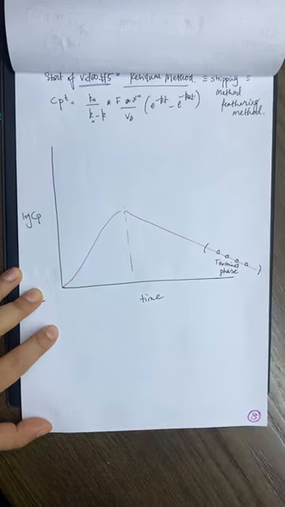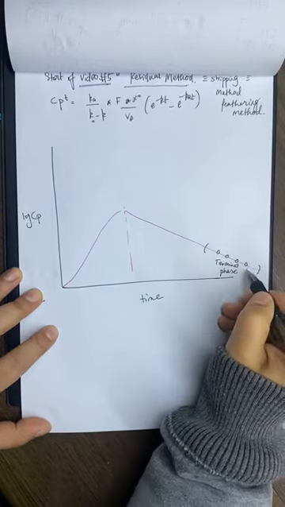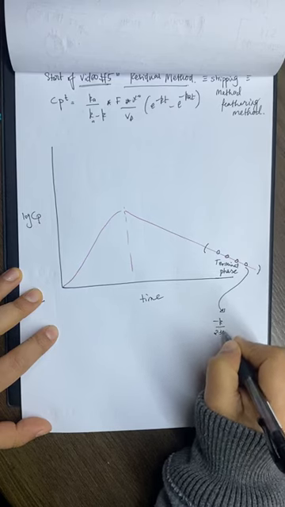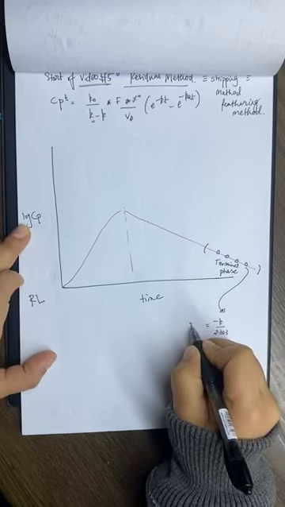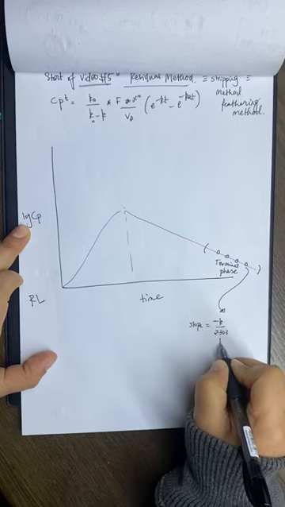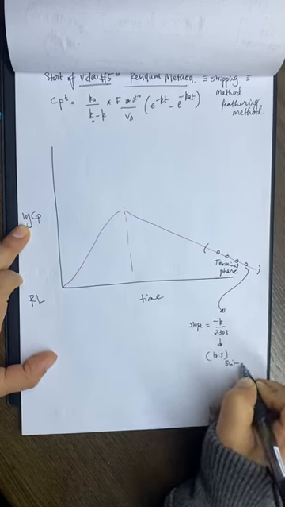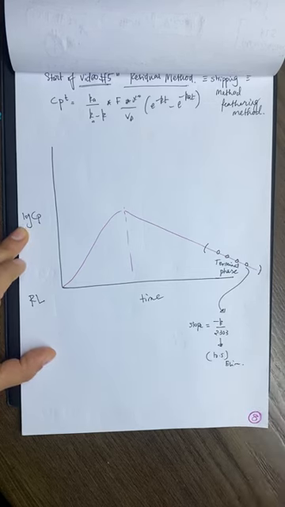We do a linear regression of it, and I can determine from this slope minus K over 2.303 because it's log, and I can determine the half-life of elimination. Okay, this is what I just said in a minute.